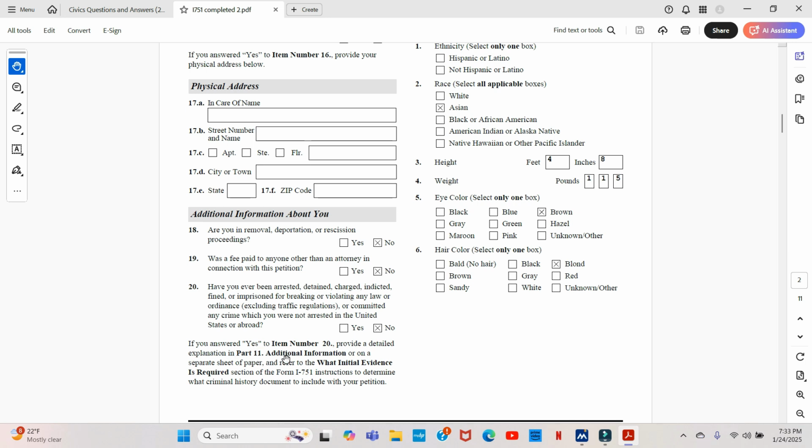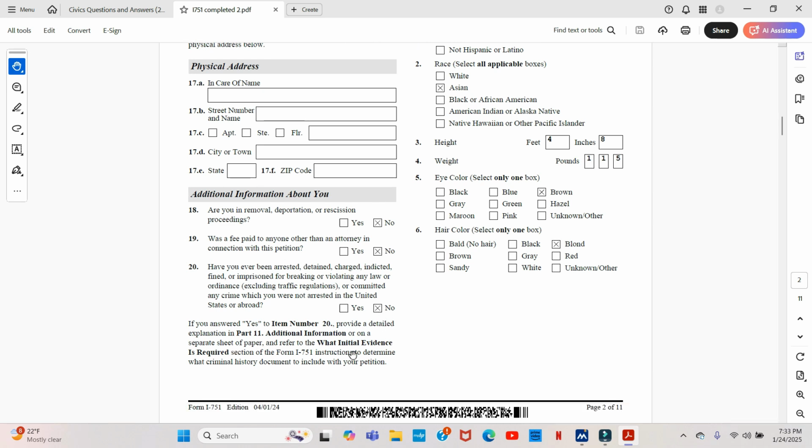If you answered yes to item number 20, provide a detailed explanation in Part 11, Additional Information, or on a separate sheet of paper, and refer to the What Initial Evidence Is Required section of the Form I-751 instructions to determine what criminal history document to include with your petition.